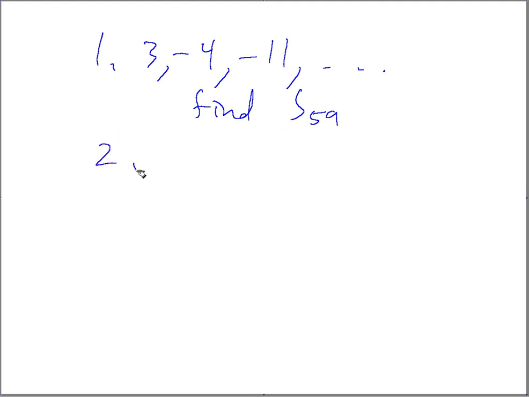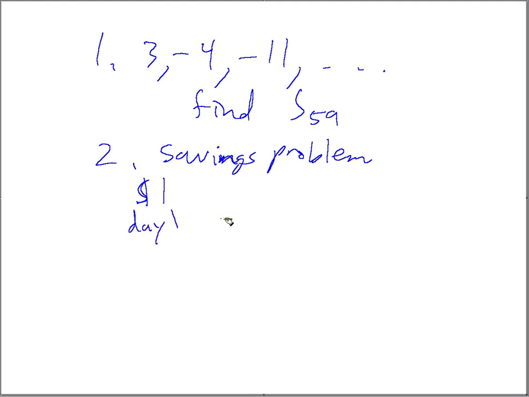All right. And number 2, I want you to look at a savings problem. Well, here's a little word problem for us, right? Suppose we save $1 on day 1, and then let's say we save $2 on day 2, or let's say we save $3 on day 3, and so on, and we do it for 30 days.